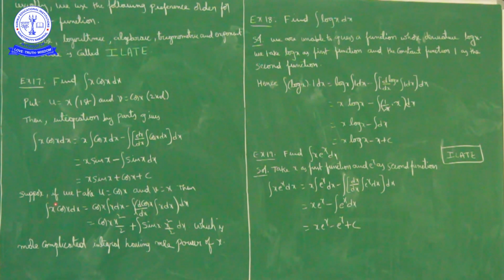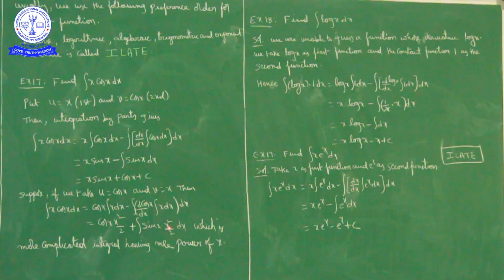Here x power is 1, here x power is 2. Now again we have to integrate, and again we have a product of two functions. If you consider this as first function and this as second function, we are integrating the second function. Integration of x square is x cube. So x power increases. So this is a never ending process.